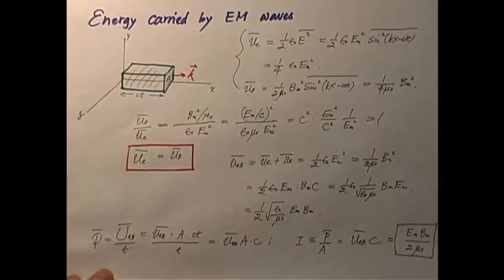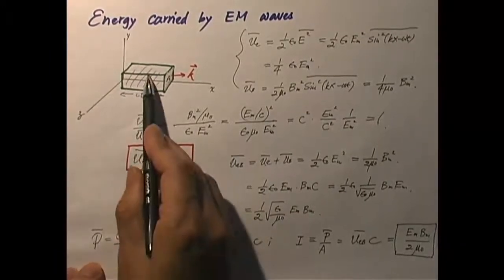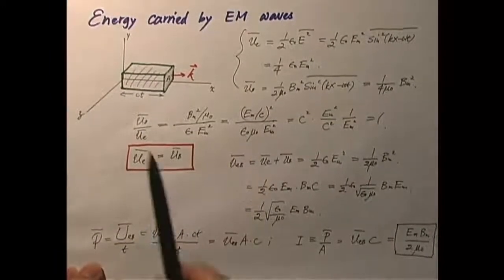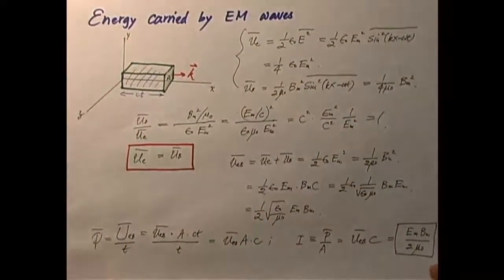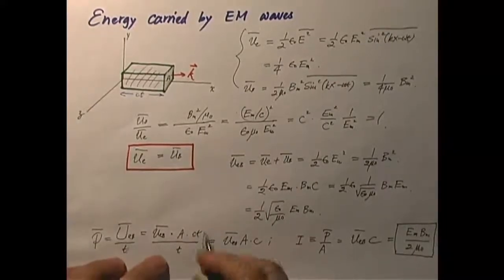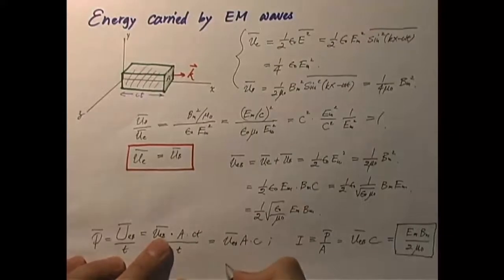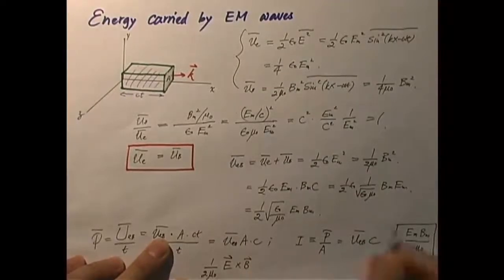Now, as far as the direction of the energy flow, it is the same as the direction of k, right? So E goes this way, B goes that way. So I can actually, if I want, turn this into a vector. Okay, I can turn this into a vector I, the energy flow, in the direction of E cross B divided by 2 mu naught.